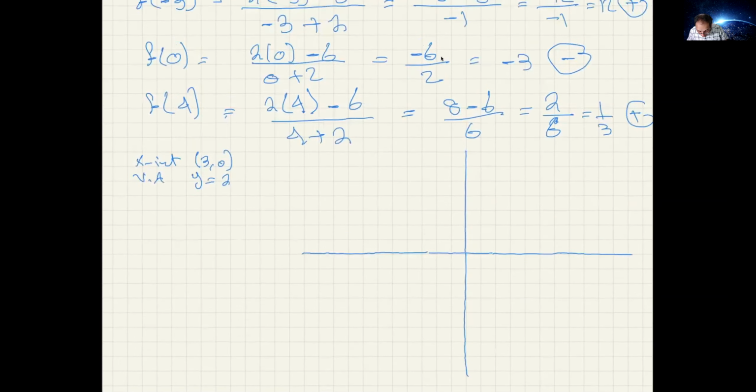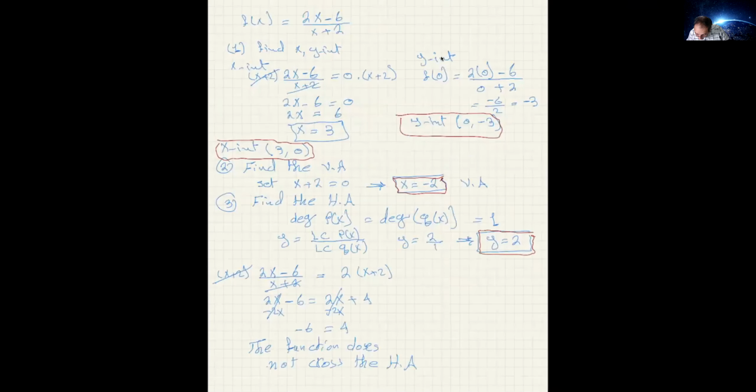Oh, I'm sorry, the vertical asymptote here is negative 2, and the X-intercept is 3. So I have to plug 3 and negative 2. Okay.